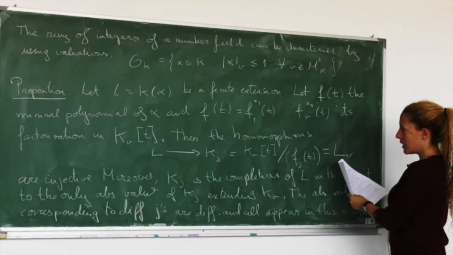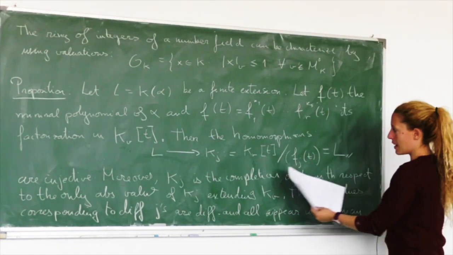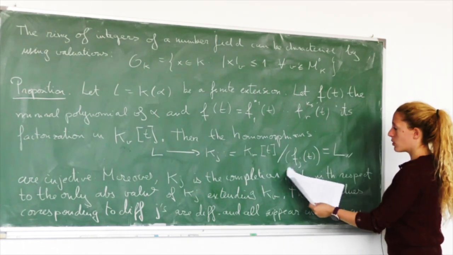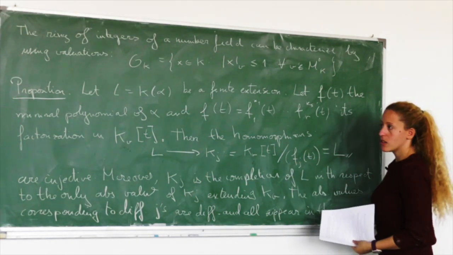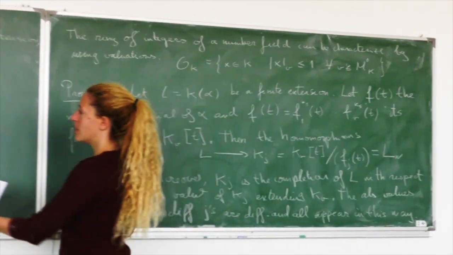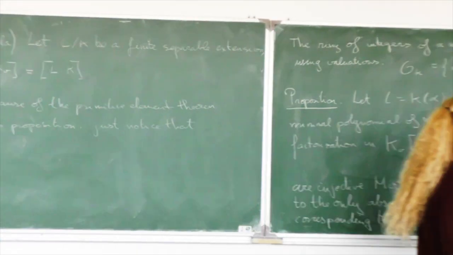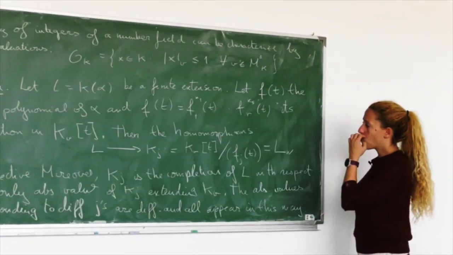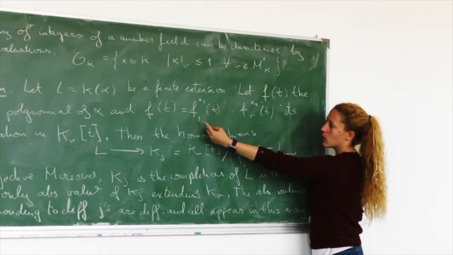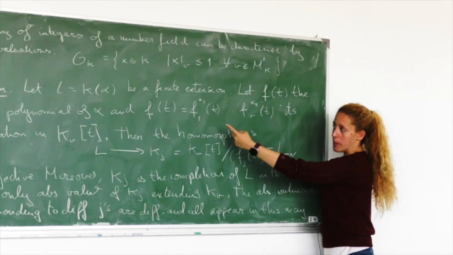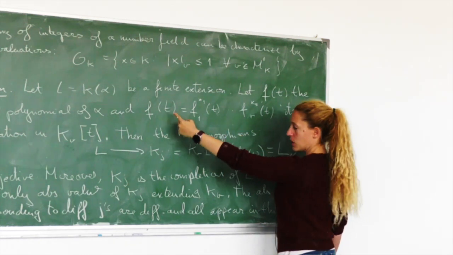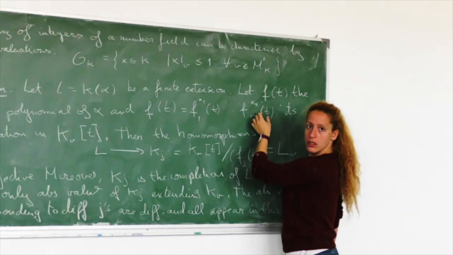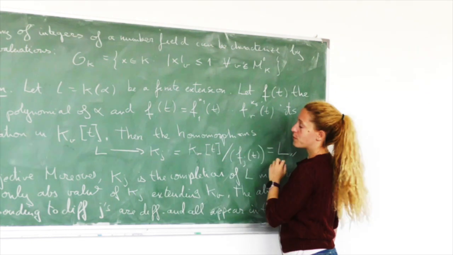So, basically, we can see this as an extension of this. And what is the degree of this extension? It is actually the degree of this polynomial. So this degree extension is related with the degree of those polynomials, right? But then what do we have? We have that f of t is equal to this product. So the degree of this polynomial is equal to the sum of the degrees of those polynomials that appear here.